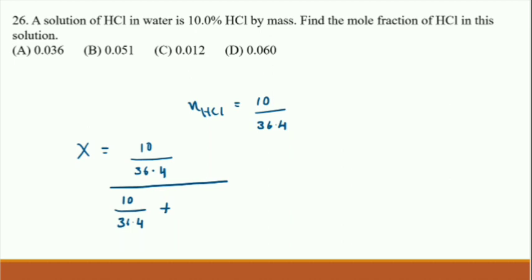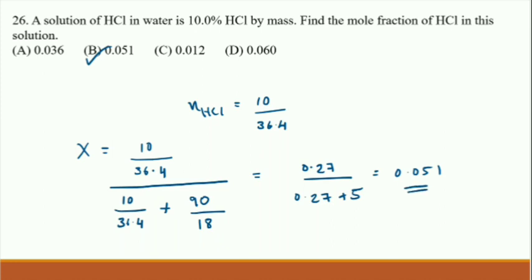So 90 divided by the molecular mass of water, 18, which is 5. So when you solve this, 0.27 divided by 0.27 plus 5 will give you 0.051. That is option B. 0.051 is the mole fraction of HCl.